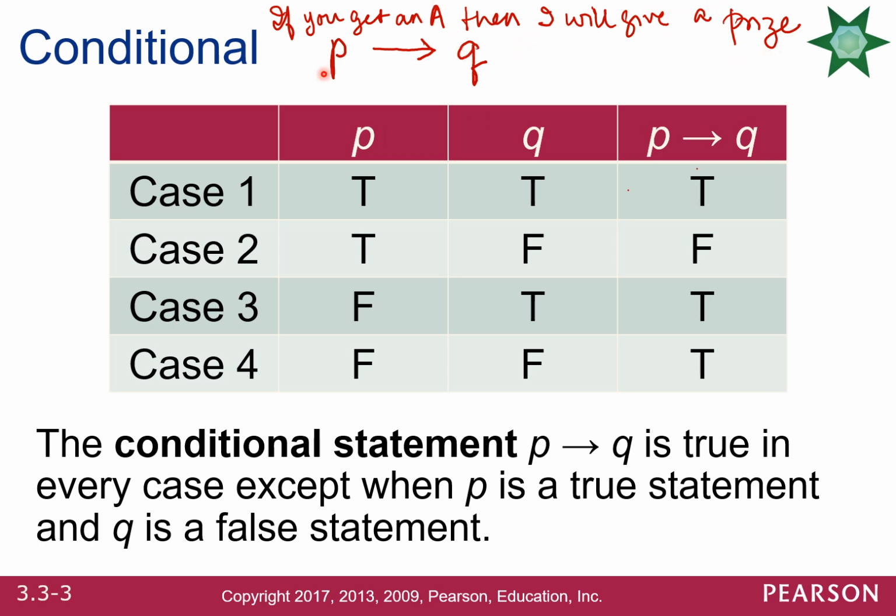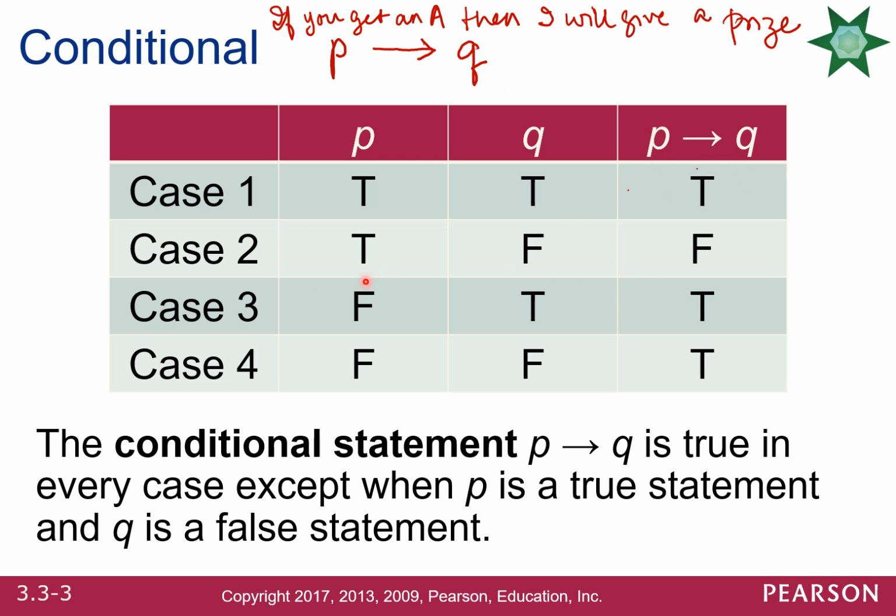So P is getting an A and Q is me giving you a prize, right? So if you get an A, and I give you a prize, then you've met the condition, I've kept my promise, so it's true.